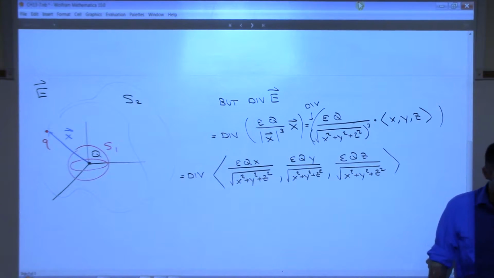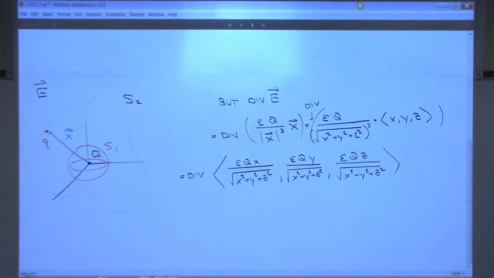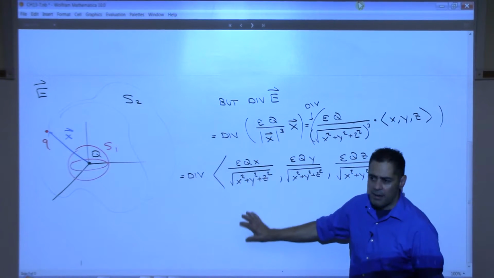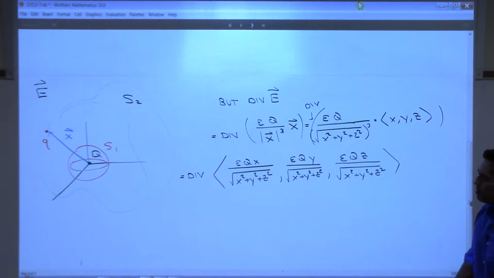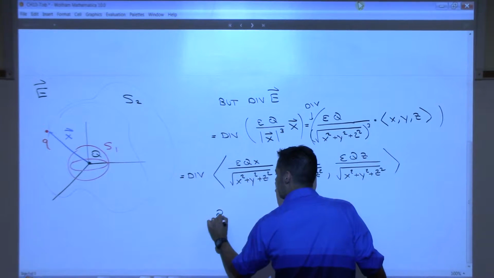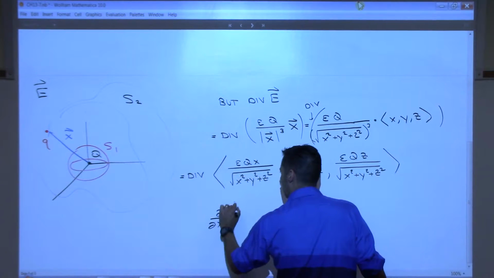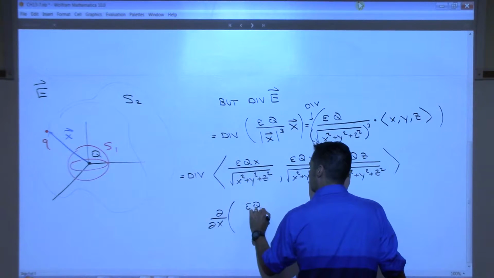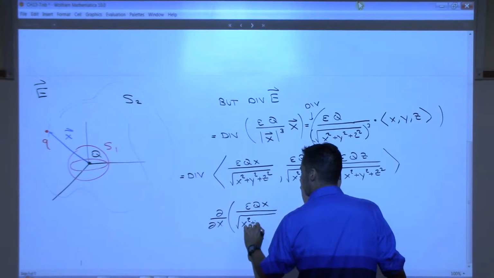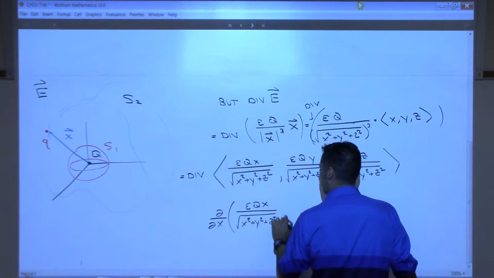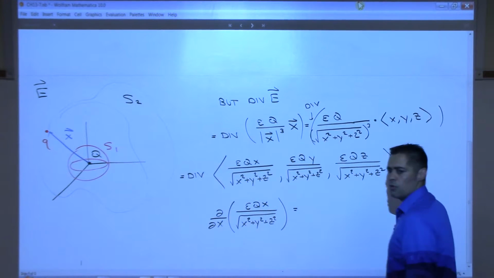I need the div of that. So maybe we can do what we did a second ago. We can just look at one of them and see the pattern in the derivative and just do the same for the rest. Okay, what is the partial with respect to x of epsilon q x over root x squared plus y squared plus z squared? All right, quotient rule.